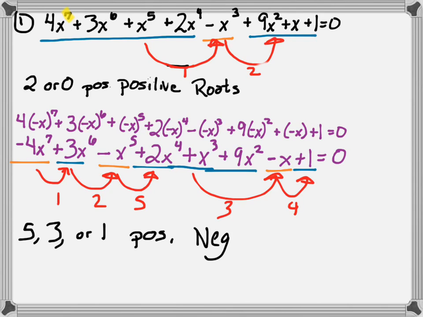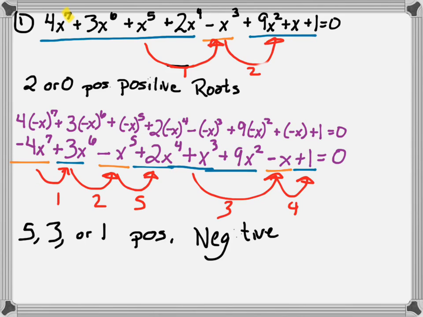Why did you change from positive to negative? Because we're looking at the sign changes. We're trying to find out all the possible positive roots and all the possible negative roots. So here, that's when we plugged in the negative for the x, or negative x, and saw how it affected the sign.